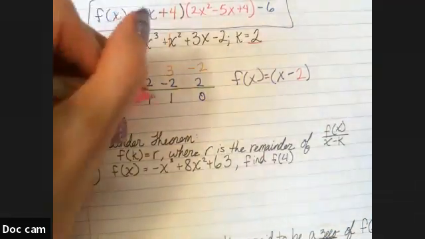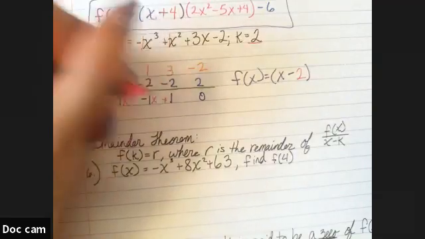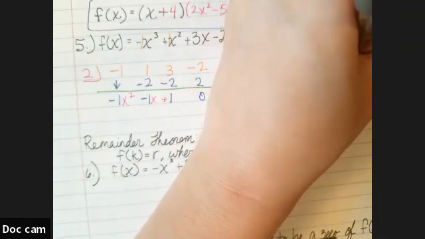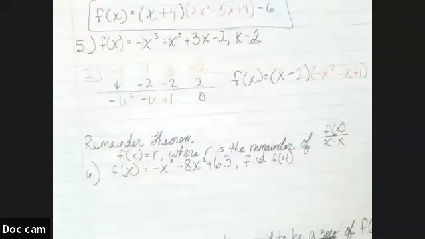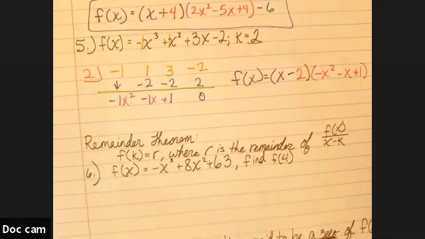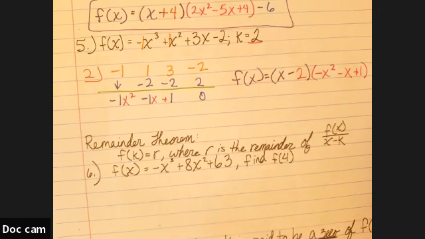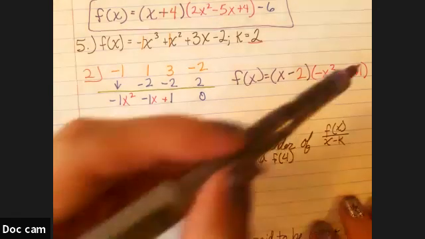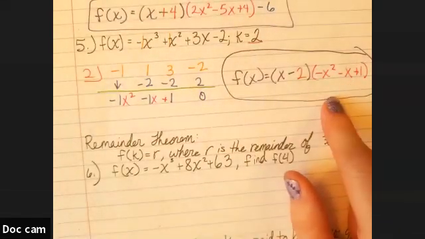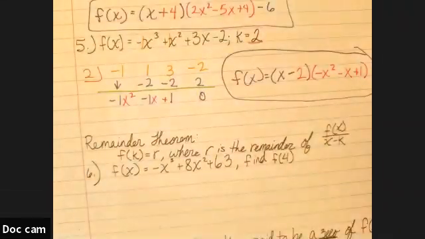The quotient is going to be negative x squared minus x plus 1. And then there's no remainder. So if this was a question on the homework, I'm not really sure if they would want you to put plus 0, but I wouldn't think so. So this is actually a factored form of the function.